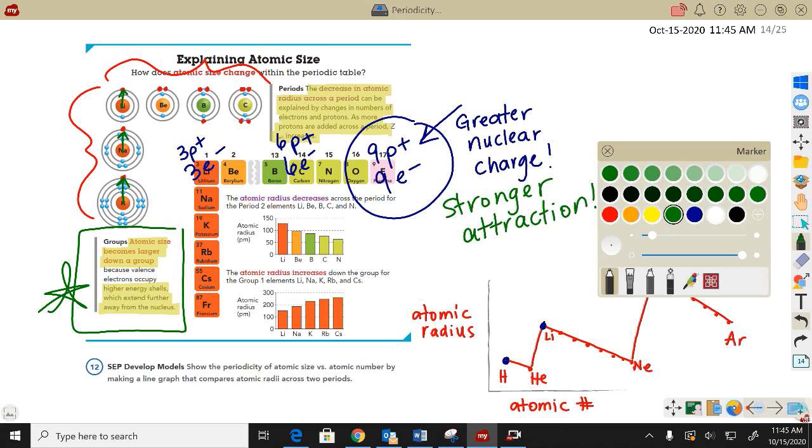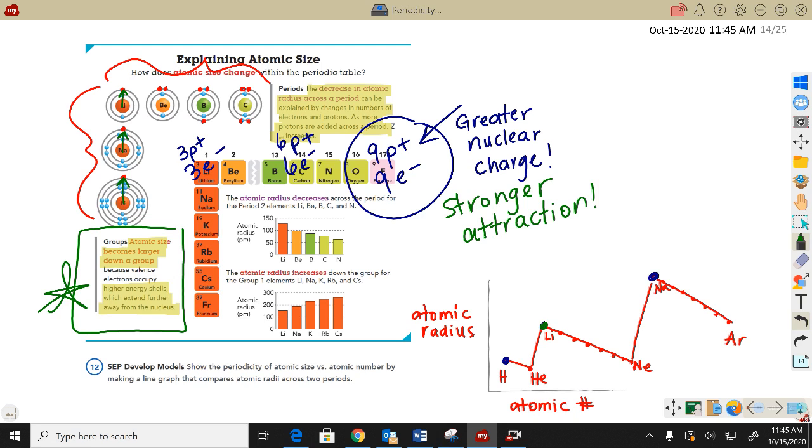So if I go across from lithium down to neon, that decreases. Sodium down to argon, that decreases. Going across, as I have more protons in the nucleus, the attraction gets stronger, the atoms get smaller.